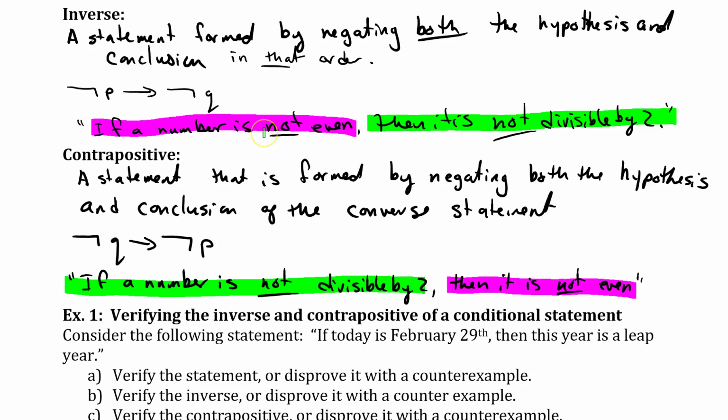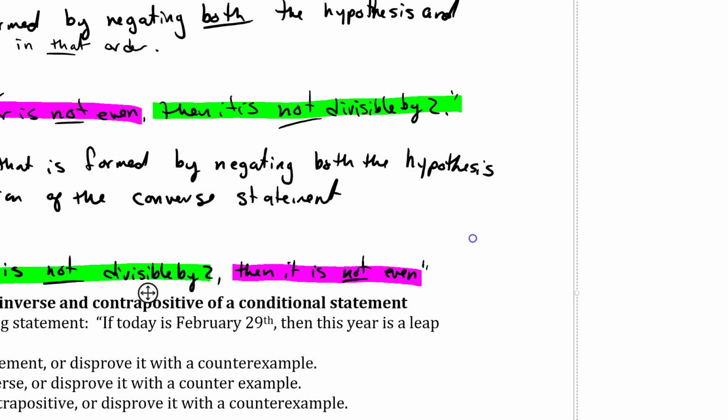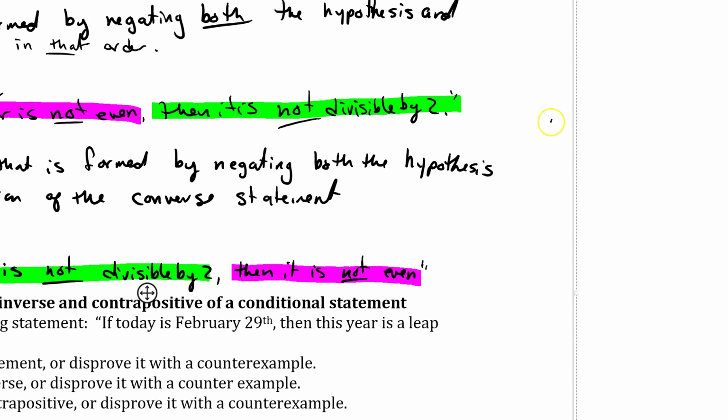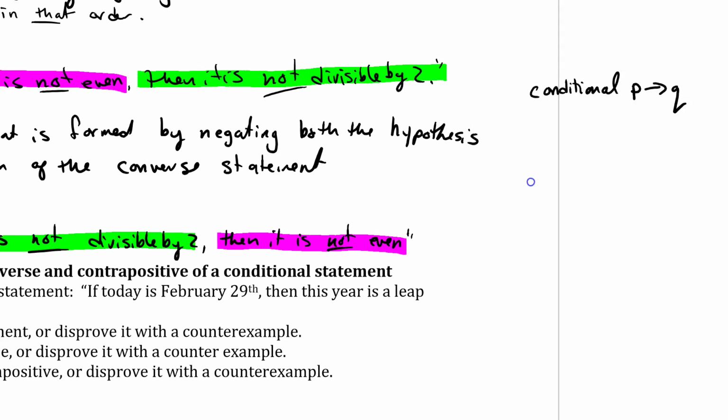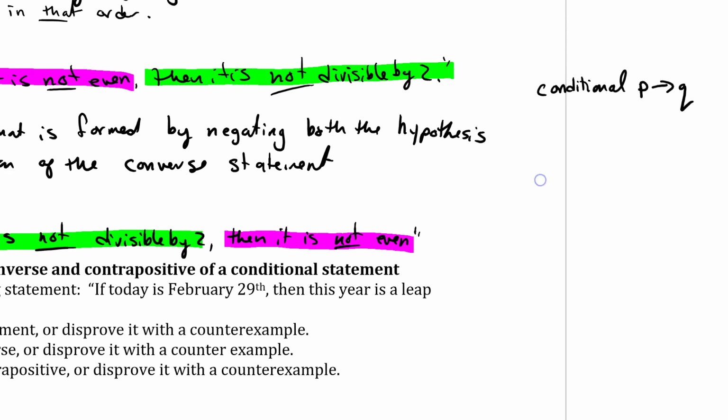What I want us just to write down right now is the converse. No, do you know what? We're just going to go off to the side here. So, conditional: P implies Q. This is just a quick little review.